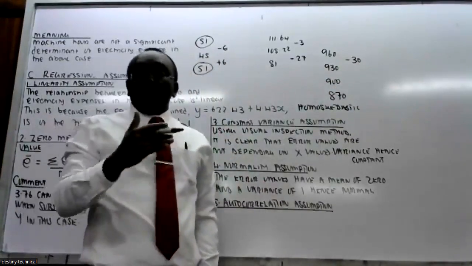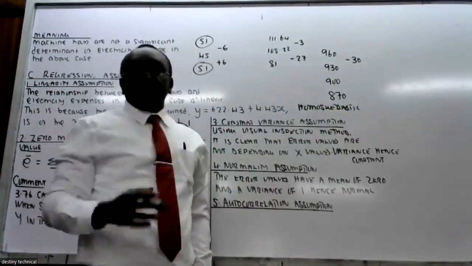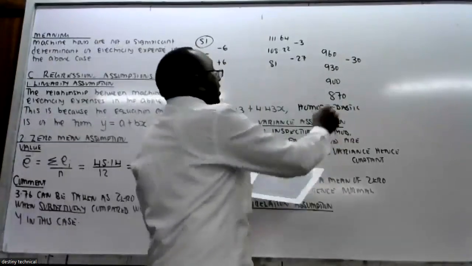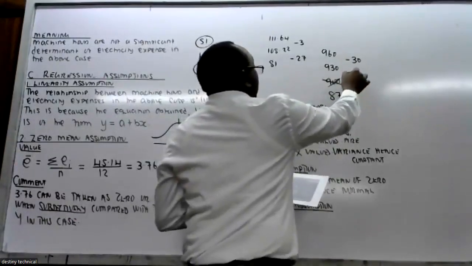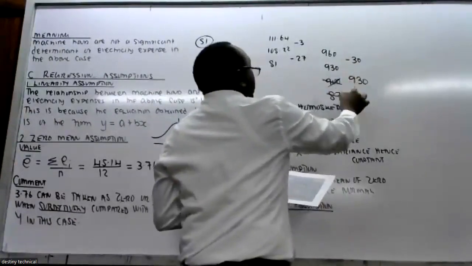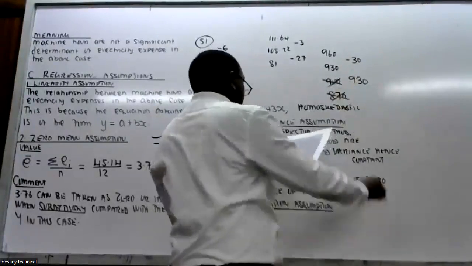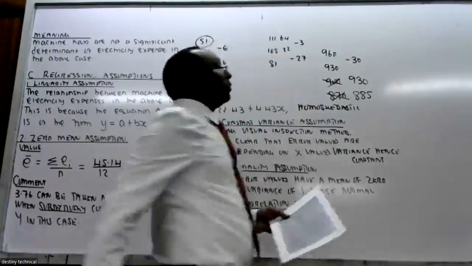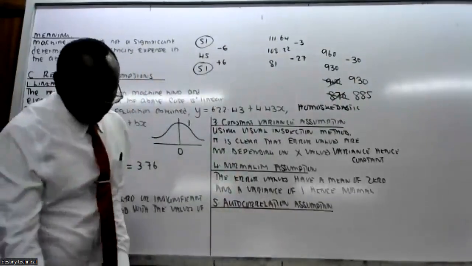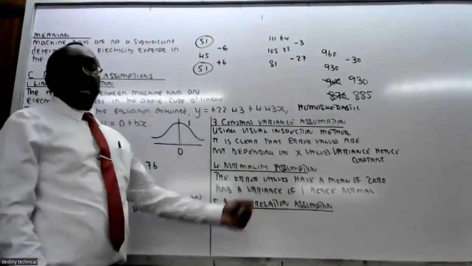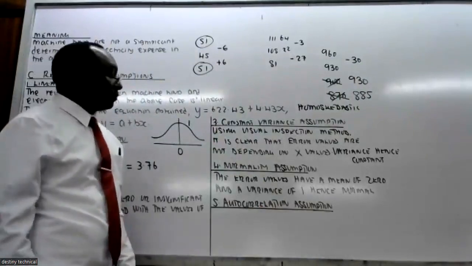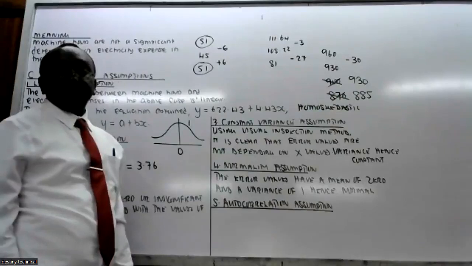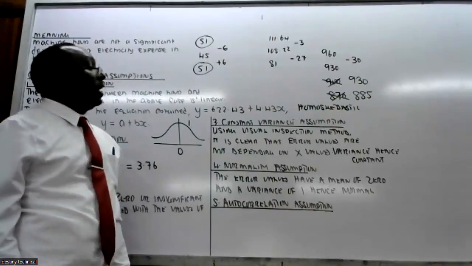As in, when you know one or two, you can tell the others. But now, when you look at the actual results, this is not 900, it is actually 930. This is not 870, but it is 885. So that tells you that the values are not dependent on each other.